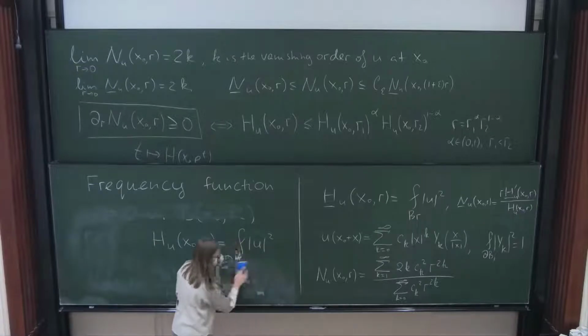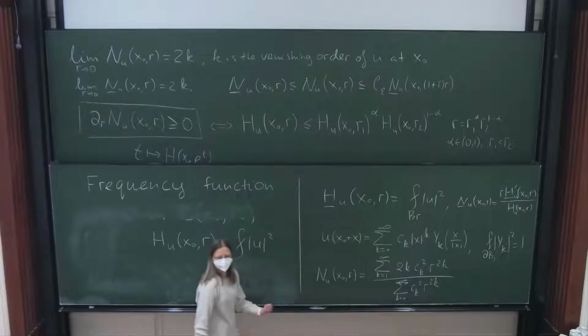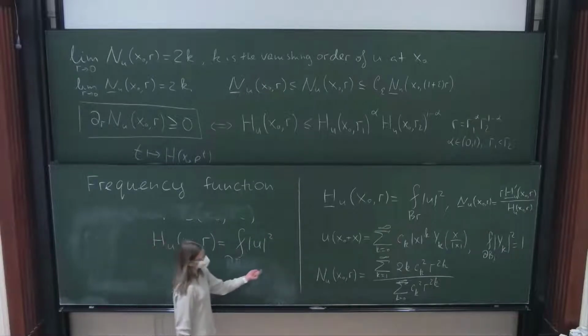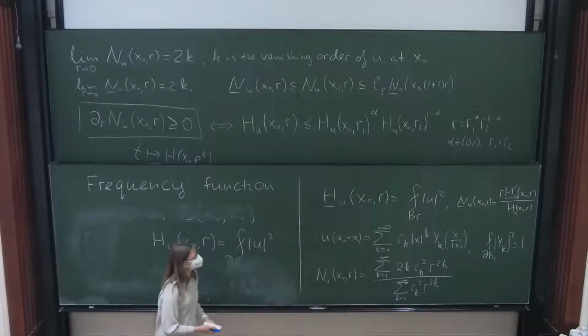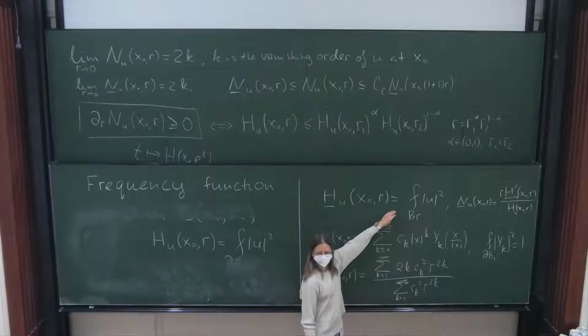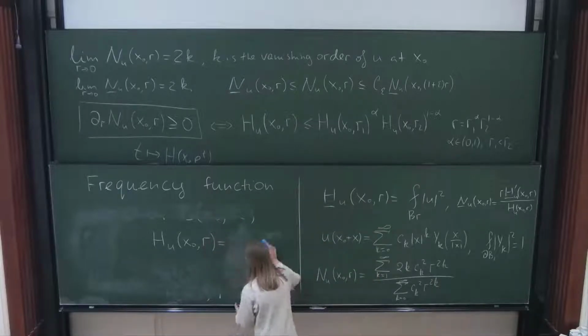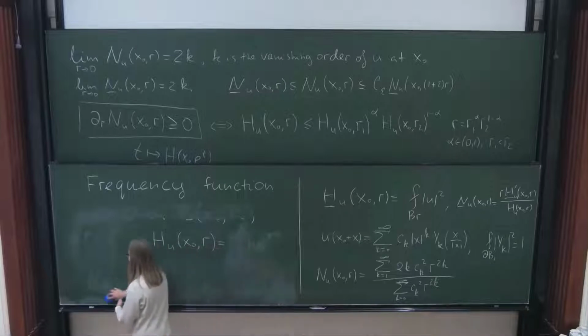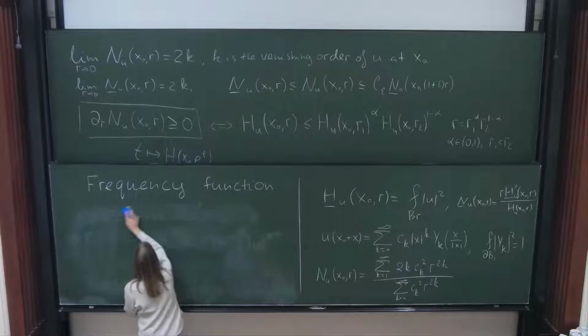I said that you can check using this ratio that the derivative is positive, instead of using decomposition in spherical harmonics. You can just use the definition here and do some integration by parts and derivatives to prove it. And this is a better way because you can extend it to elliptic PDEs.